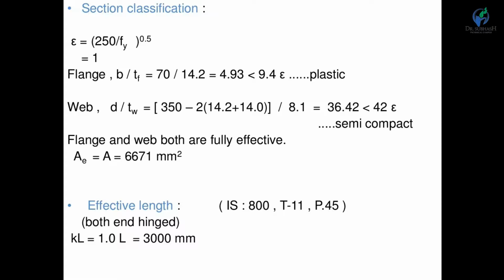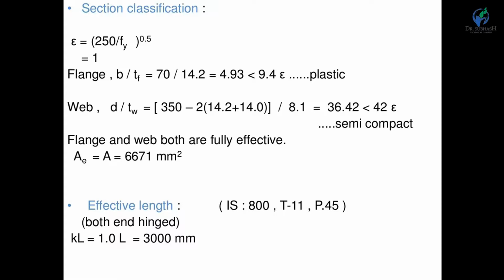So the flange and web are in different classes, plastic and semi-compact. Both flange and web are fully effective, so the full cross-sectional area is available. So AE is the same as the gross area, which is 6671 mm square.